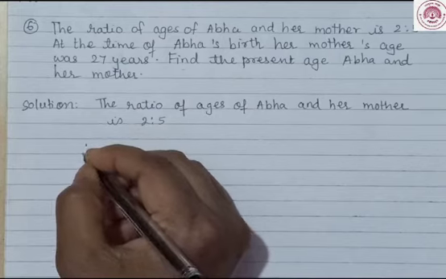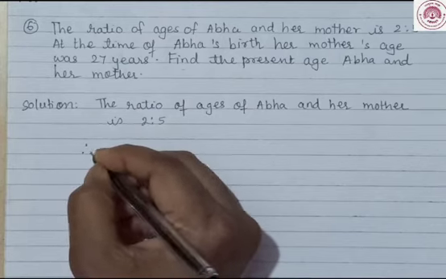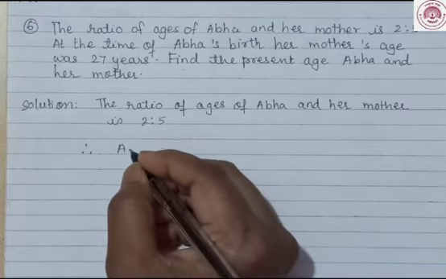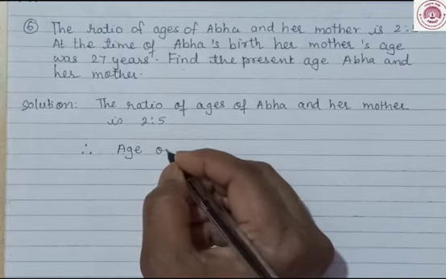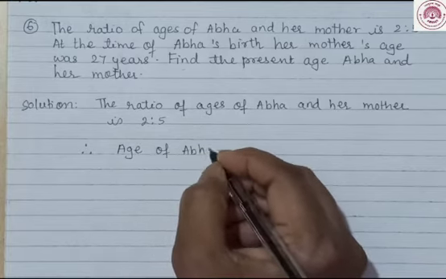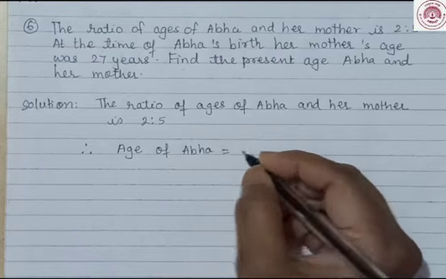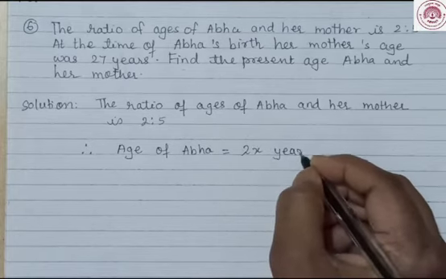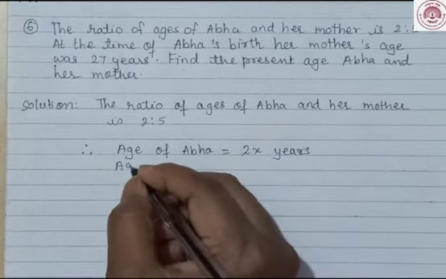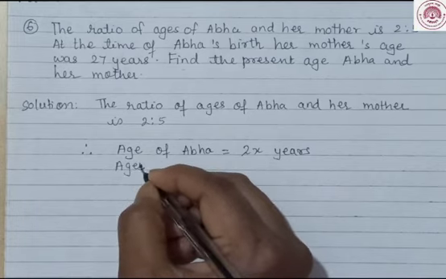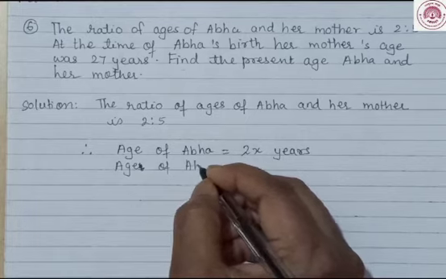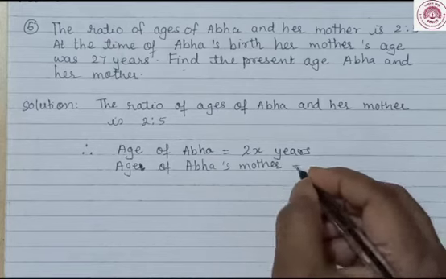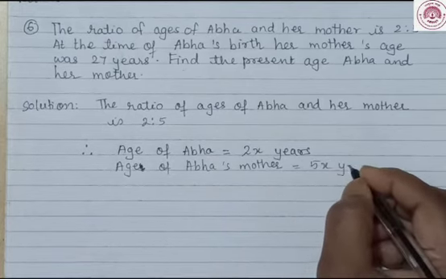So therefore as the ratio is given, we can take a common multiple and we can say, therefore present age of Abha is equal to 2x years. Similarly, age of Abha's mother is equal to 5x years.